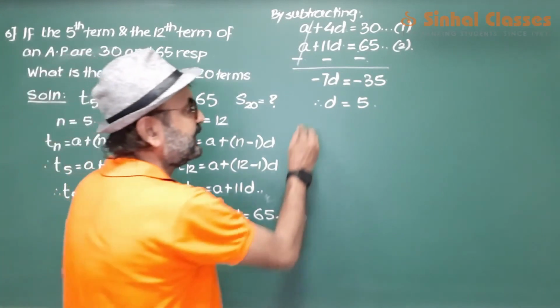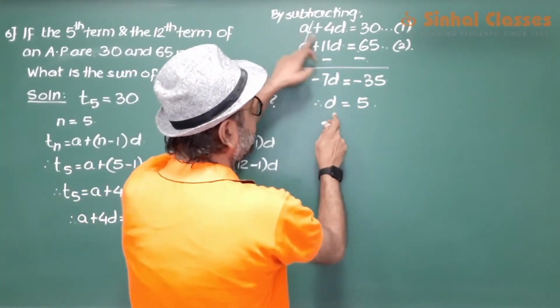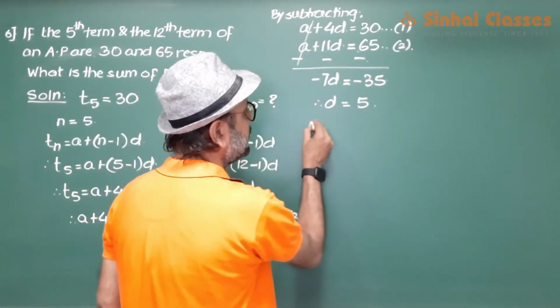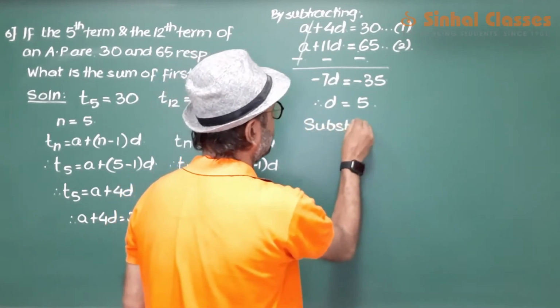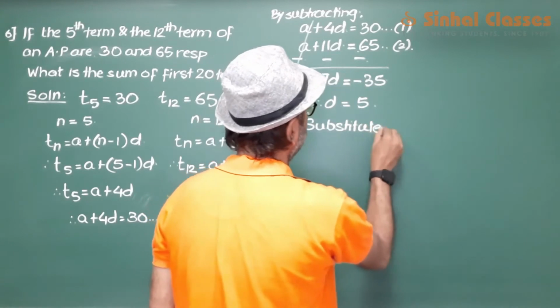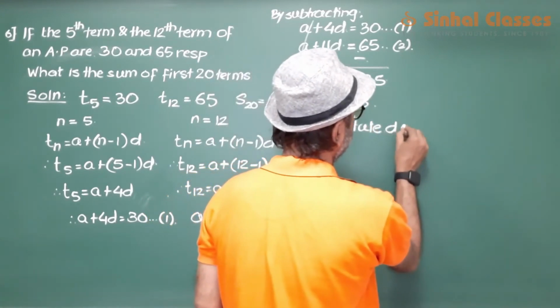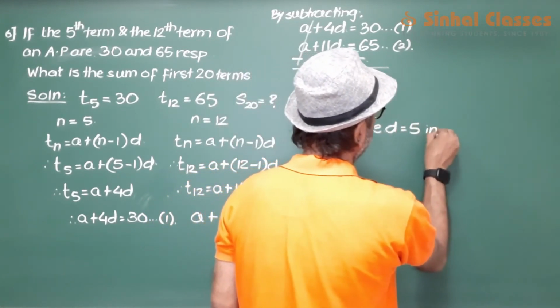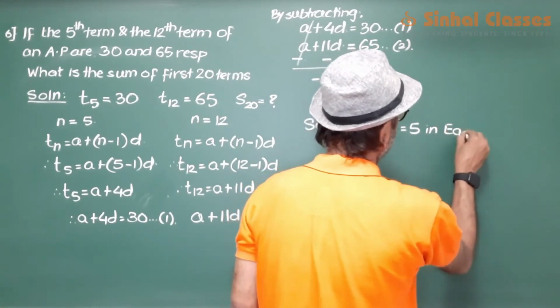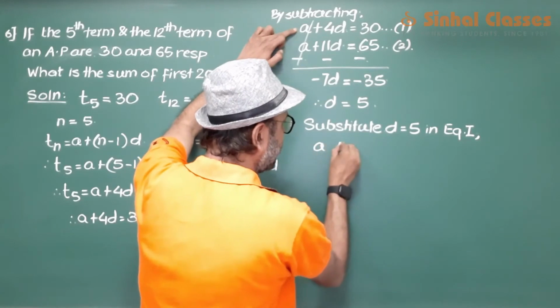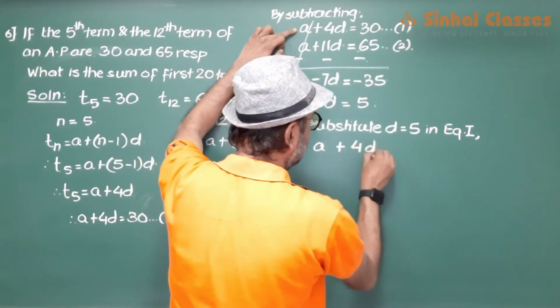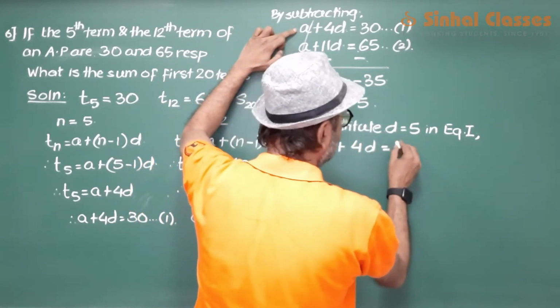Once you get the value of d, let us substitute the value of d in equation 1. Substitute d is equal to 5 in equation 1, which is a plus 4d is equal to 30.